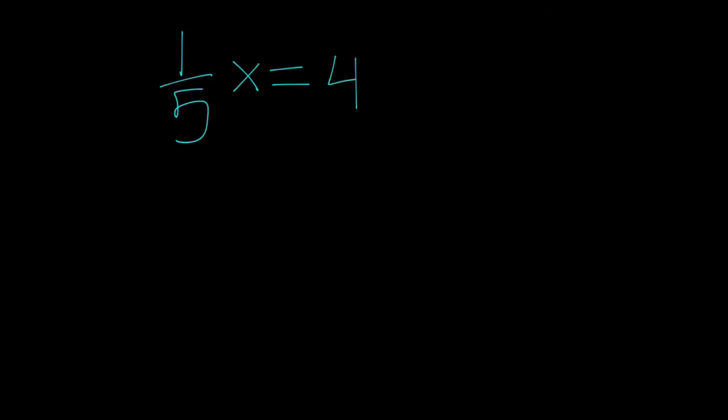For multiplication, you need to use the reciprocal of what you're multiplying it by, and so the reciprocal is 5/1, which cancels each other out. So we're trying to figure out what's x, so you can put your multiplication sign there.